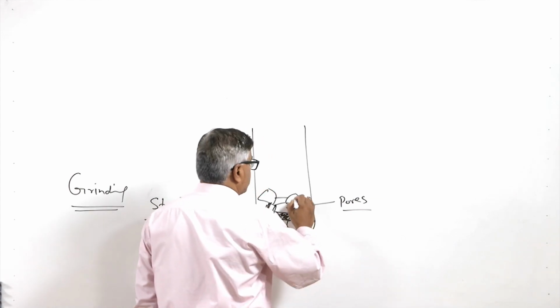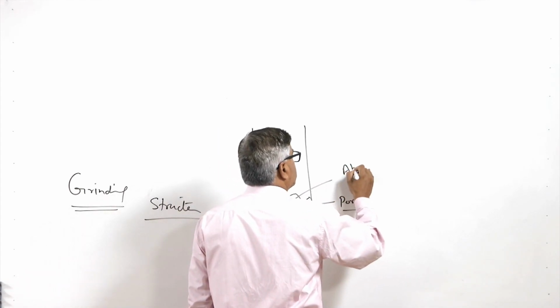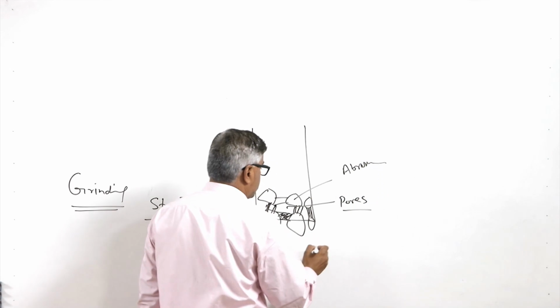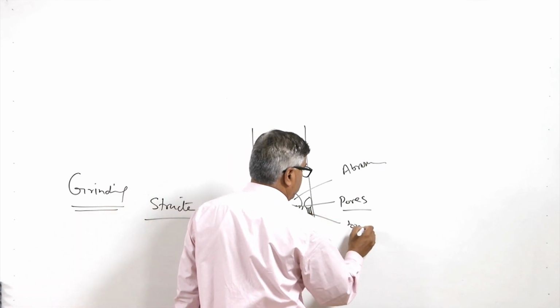So, we have three constituents: abrasives, pores, and the bonding material.